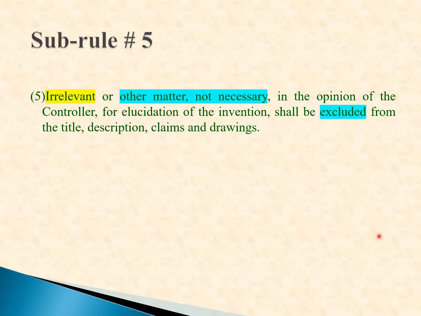That means if the controller decides that some matters are not necessary or not relevant for elucidation of the invention, then those things will be excluded from the title, from the description, from the claims and the drawings part as well. It totally depends upon the opinion of the controller. Fine.